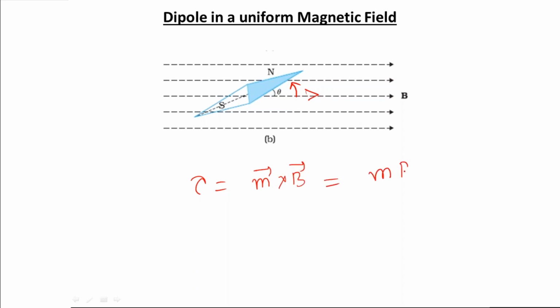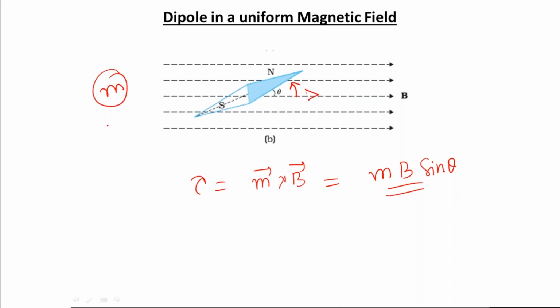The torque is given by m cross B, or m B sine theta, where theta is the angle between the dipole and the field, here the magnetic dipole and the magnetic field.